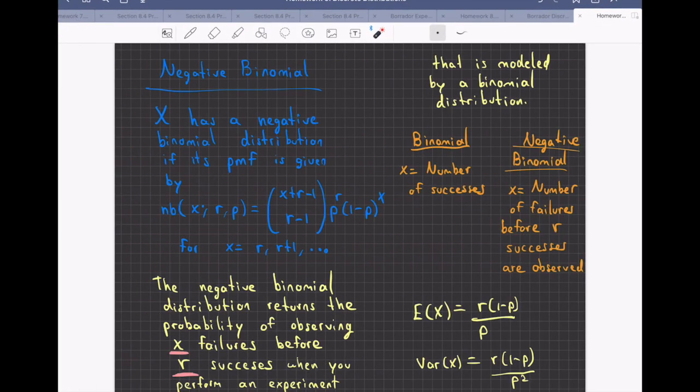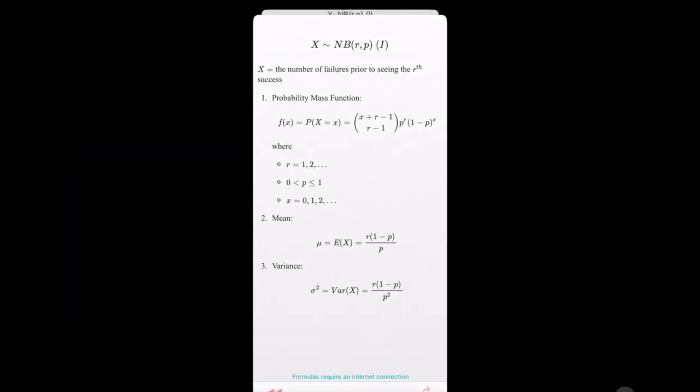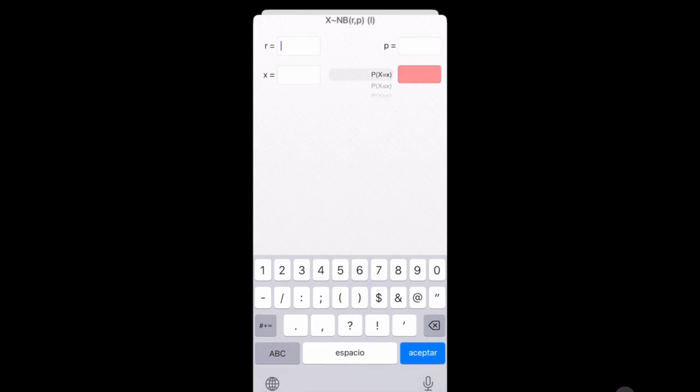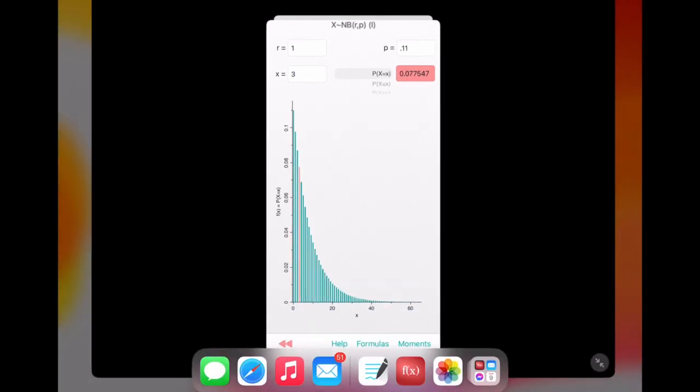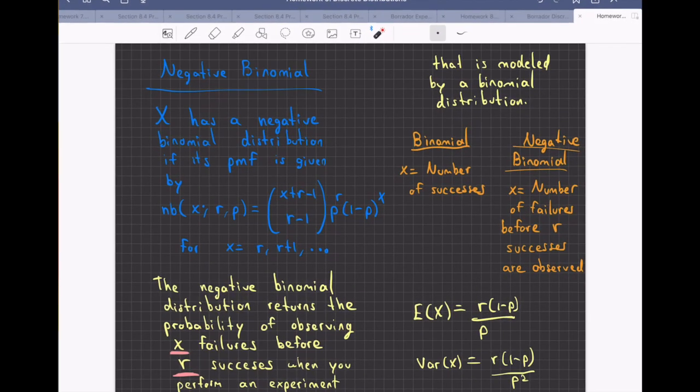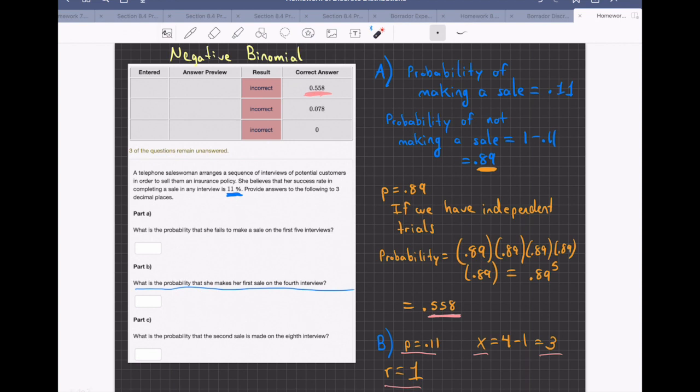Notice how it matches our formula. So specify success, R equal to 1, P equal to 0.11, and X equal to 3. Then probability X equal to X, and the answer is 0.077, 0.078 if you round it up. Equal to 0.078.